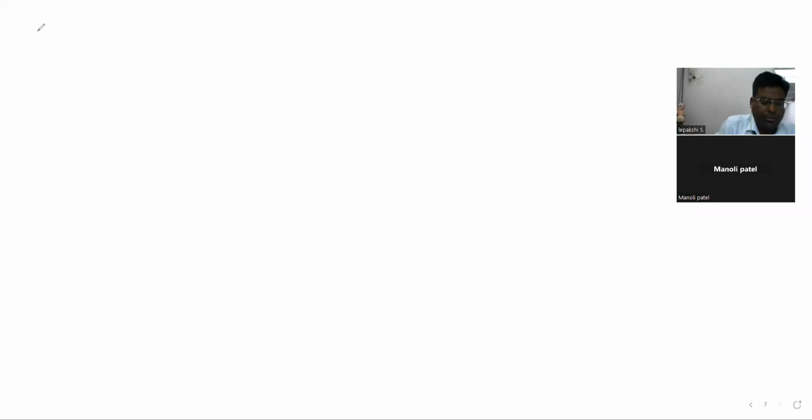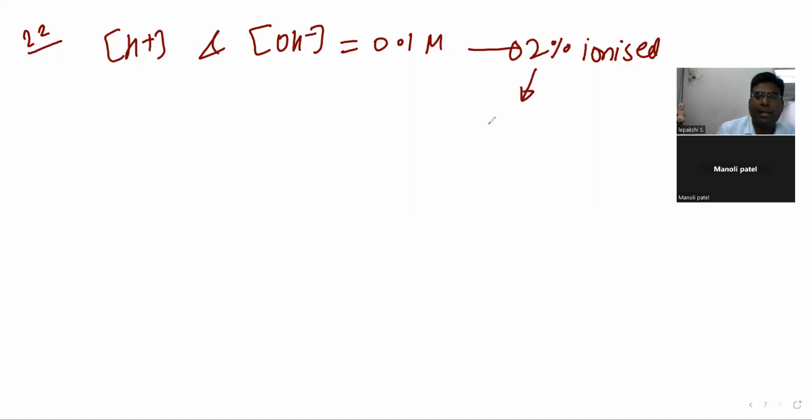Now see the next question, number 22. The concentration of H plus and OH minus ion in a 0.1 molarity aqueous solution of 2% ionized monobasic acid.